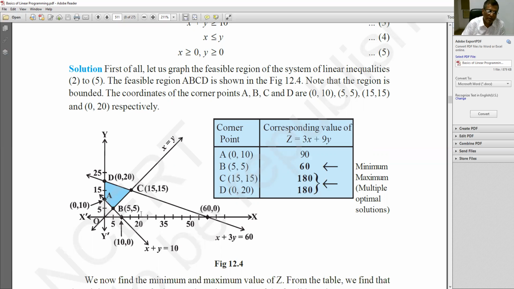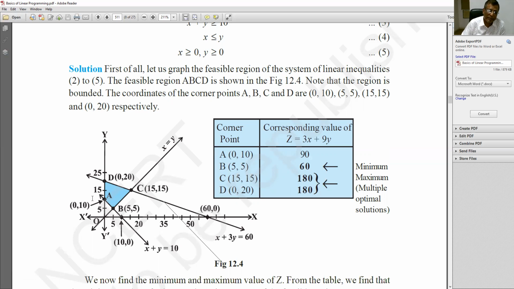Put y is equal to x, then 2y is equal to 10, means y is equal to 5. If y is equal to 5, then x is also equal to 5. So this is 5, 5. Again, you can solve the equations x is equal to y and 3x plus y is equal to 60. Then you find this value, 15, 15.